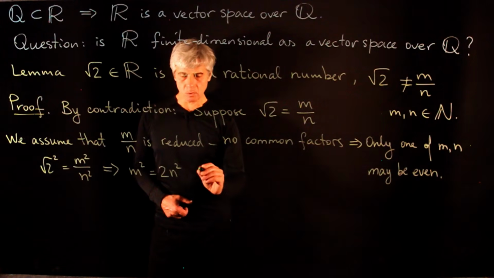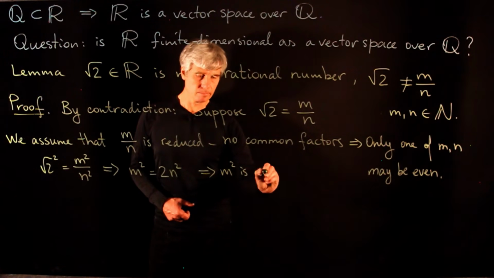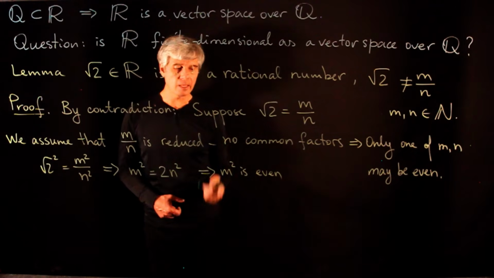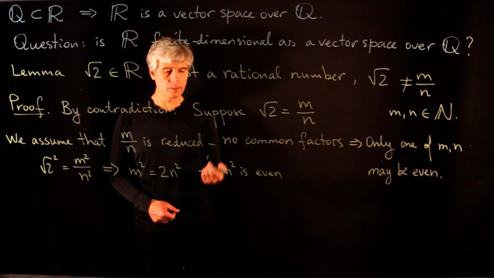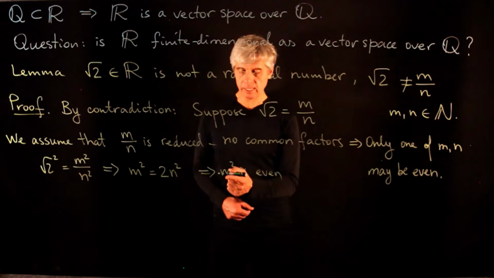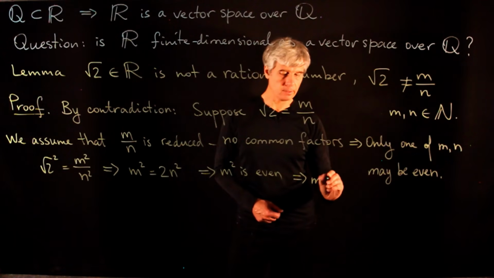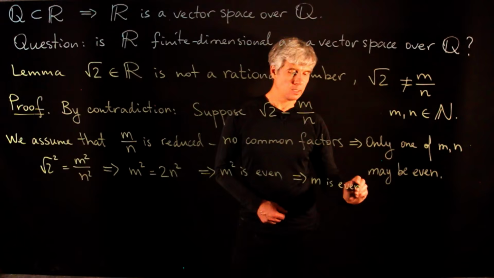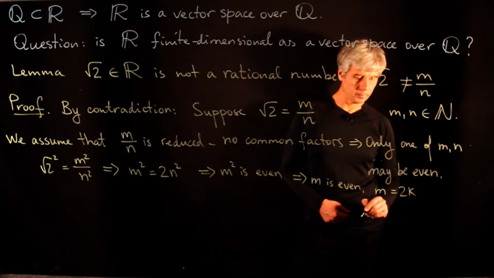Now, what does it mean? So this implies that m squared is even. And we know that the square of an even number is even, and the square of an odd number is odd. So this means that m cannot be odd. So this tells us that m is even, and we can write m as 2 times k.